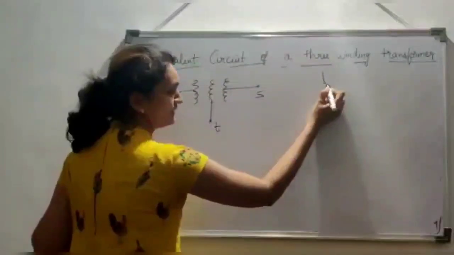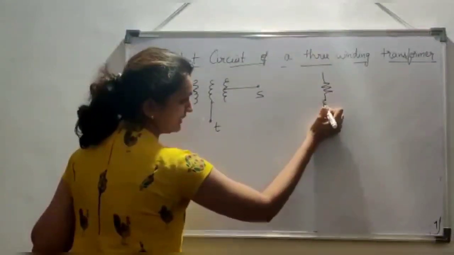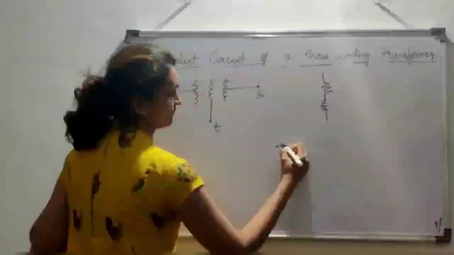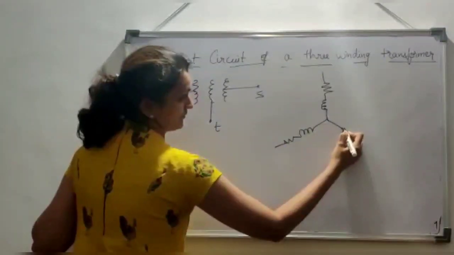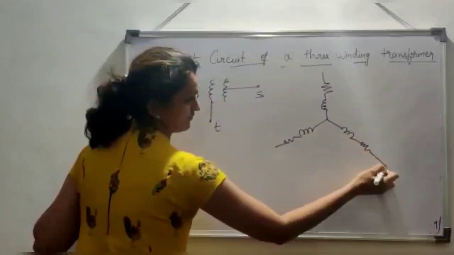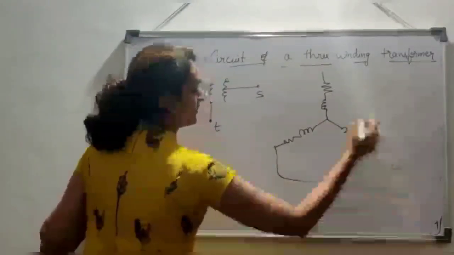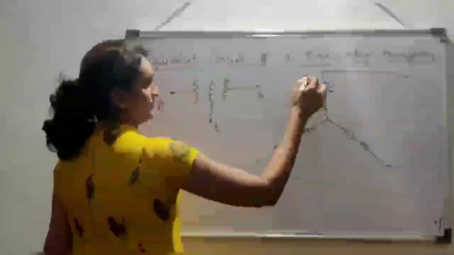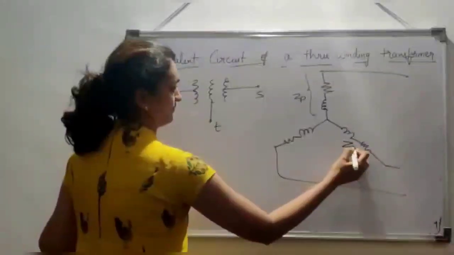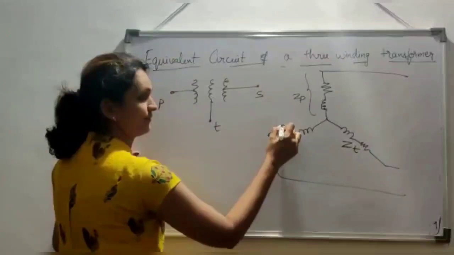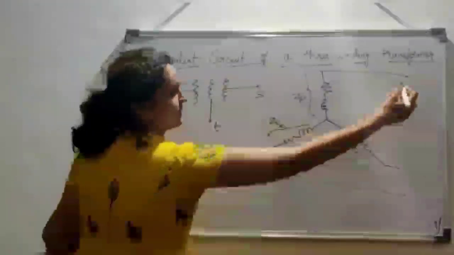So if you are writing the equivalent diagram, this is ZT, ZT, and this is ZS.